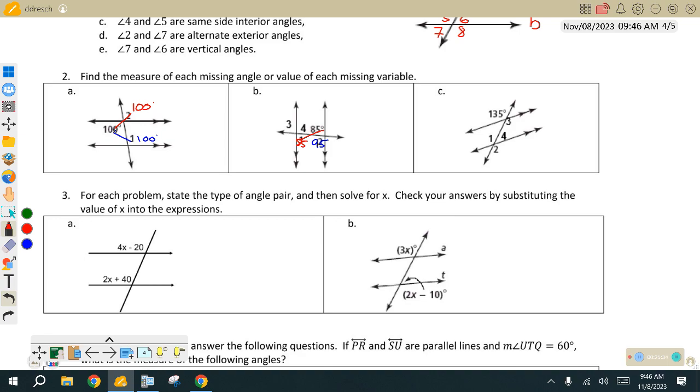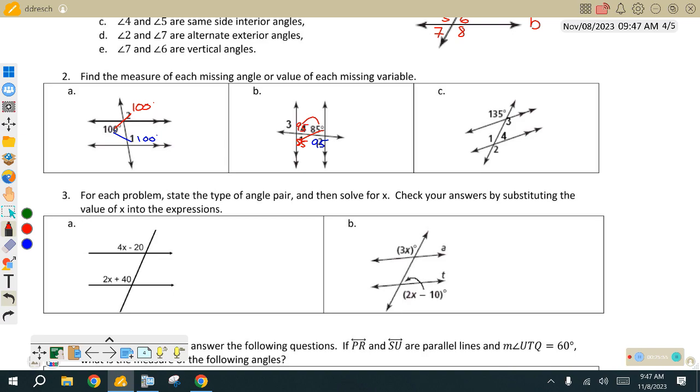We can do same side interiors: 85 and angle 4. These are same side interiors. And what do we say about same side interiors? Supplementary. So 180 minus 85 is 95 right there.